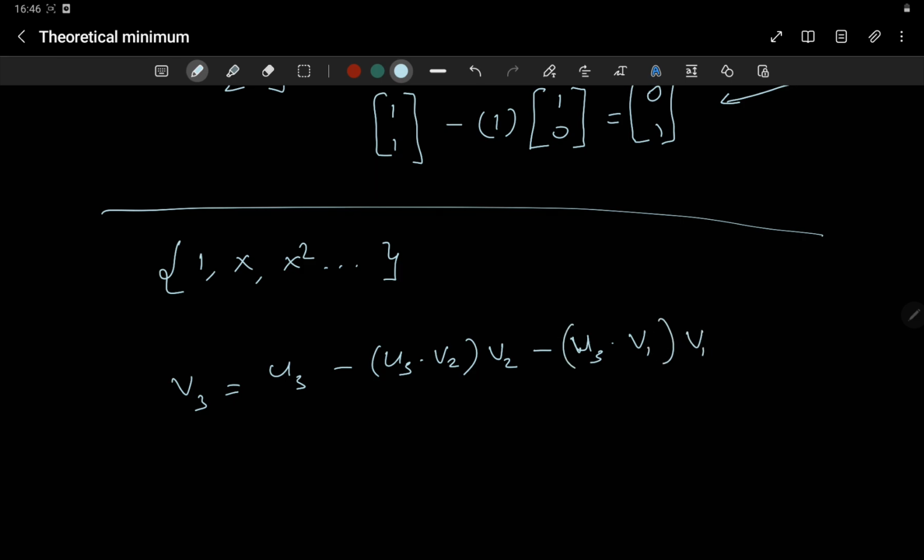So you need to remove whatever you have calculated earlier. That part you need to remove, and then you need to normalize it. So that's how you need to calculate.